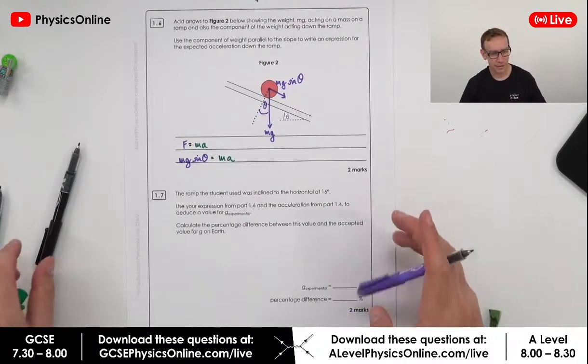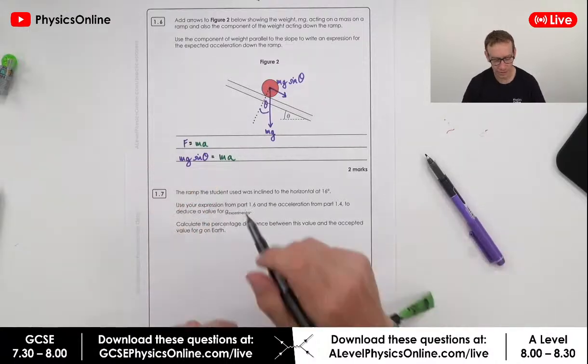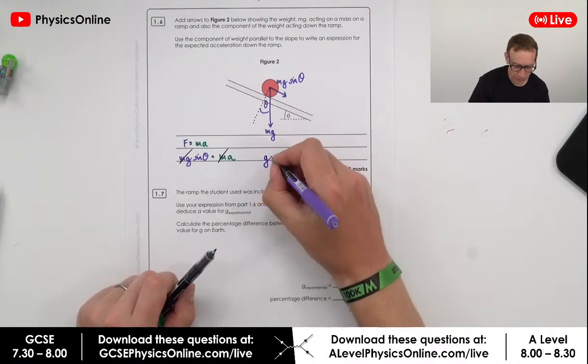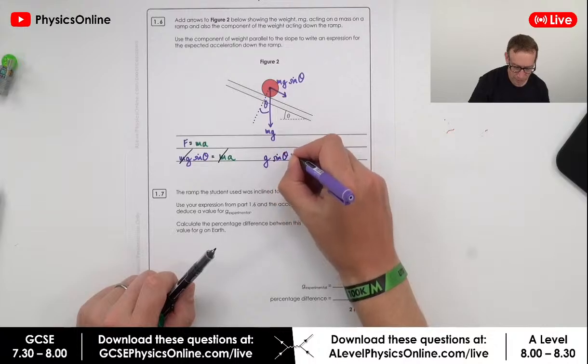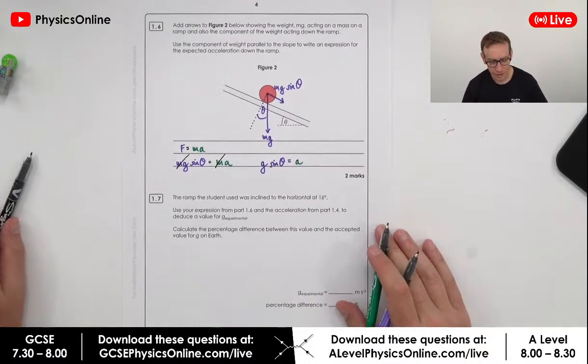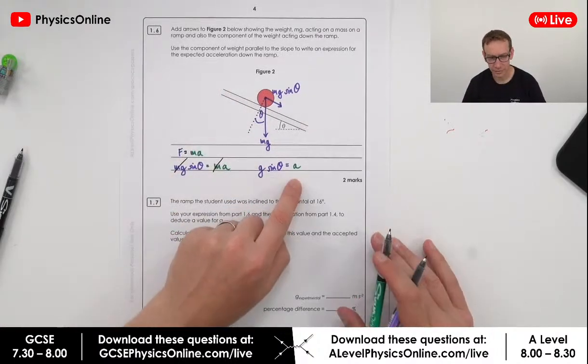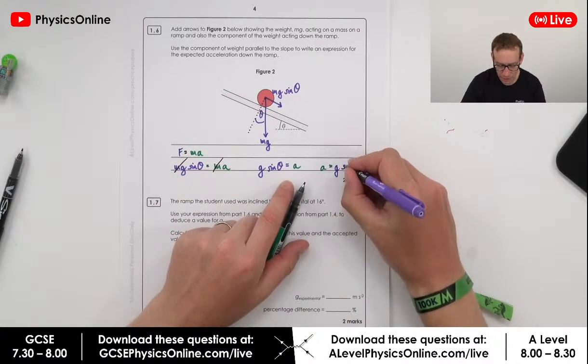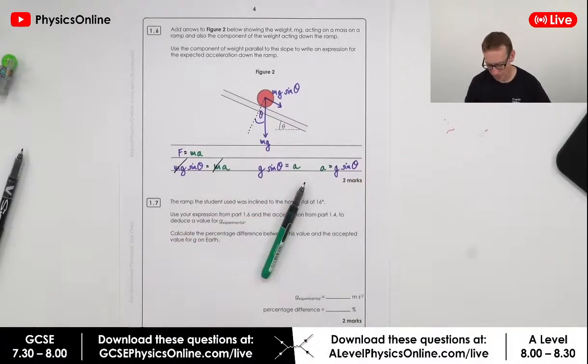Now we have a mass on this side and a mass on that side, so they cancel. And that means we can say that g sine theta is equal to a. Okay, so that's how we'd work out the acceleration. The acceleration is going to be equal to g sine theta.